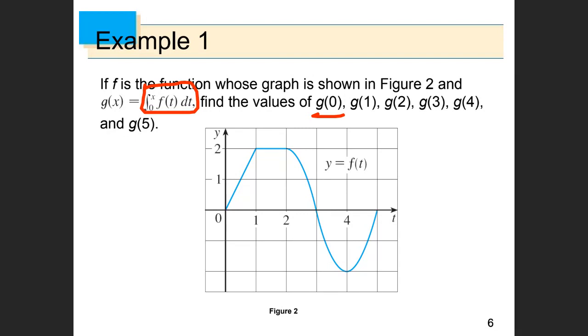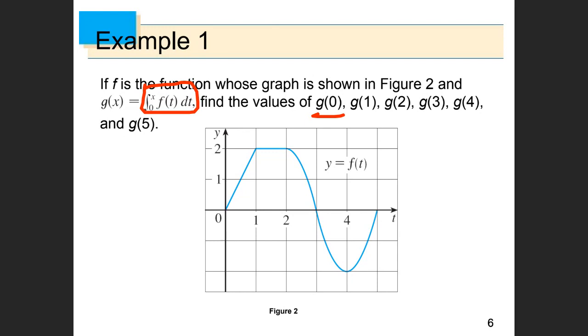You can see x is 0. We saw already that one of the properties of the definite integral is that when you integrate from the same lower bound to the same upper bound, you just get 0. So g of 0 is just going to be 0, because integrating from 0 to 0 gives you 0.